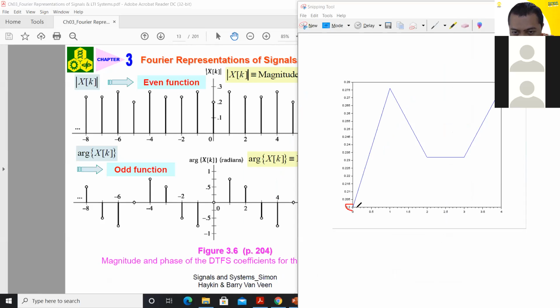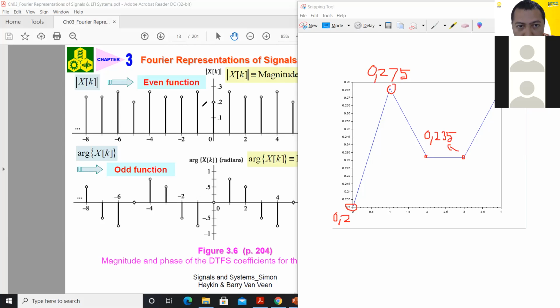Actually, this one is 0.2, right? And for the next, it is around 0.275. And this is 0.235. Also this is similar, and this one is 0.275.